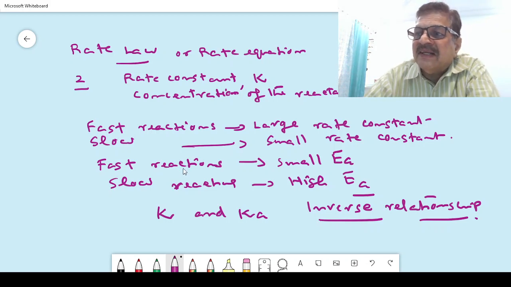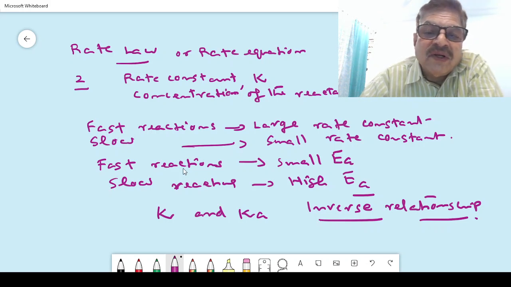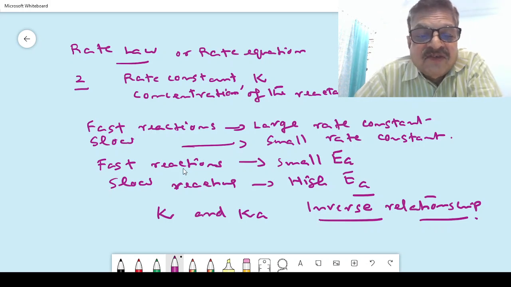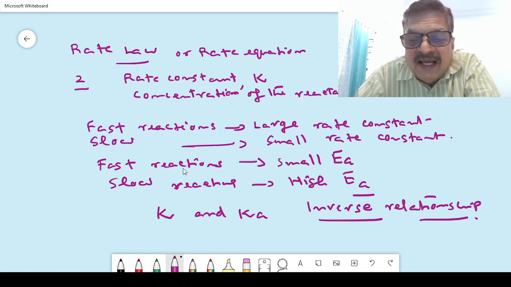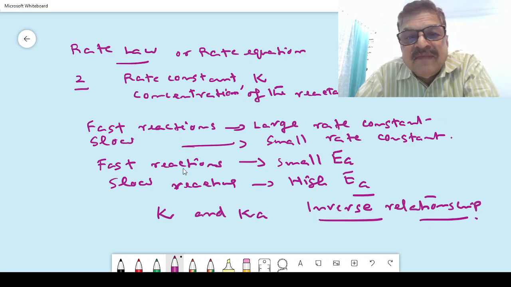We have seen that the larger the EA, the slower the reaction. Therefore, a high EA corresponds to a small rate constant. So the rate constant K and the energy of activation EA are inversely related.